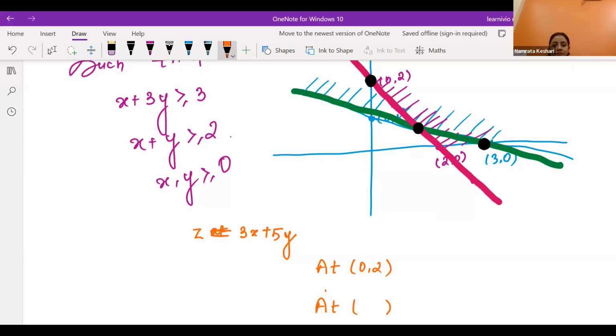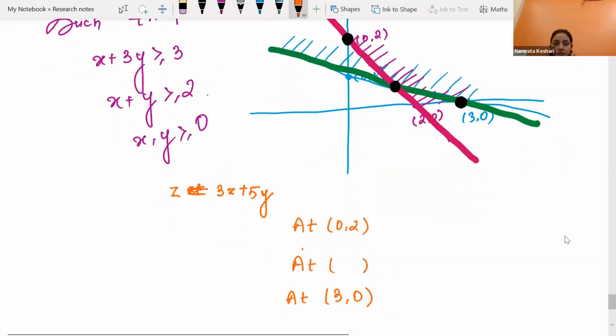I'm getting a fraction. You are getting? What exactly are you getting? 3 by 2 and 1 by 2.